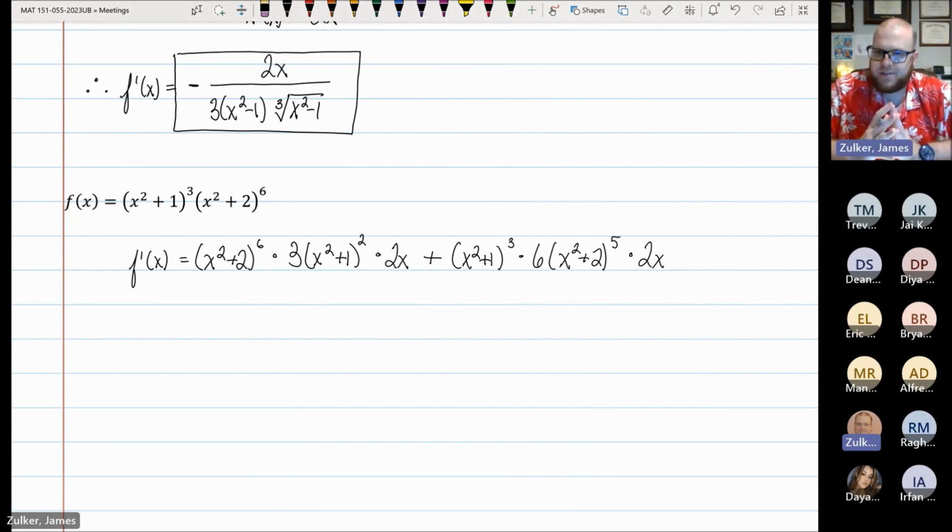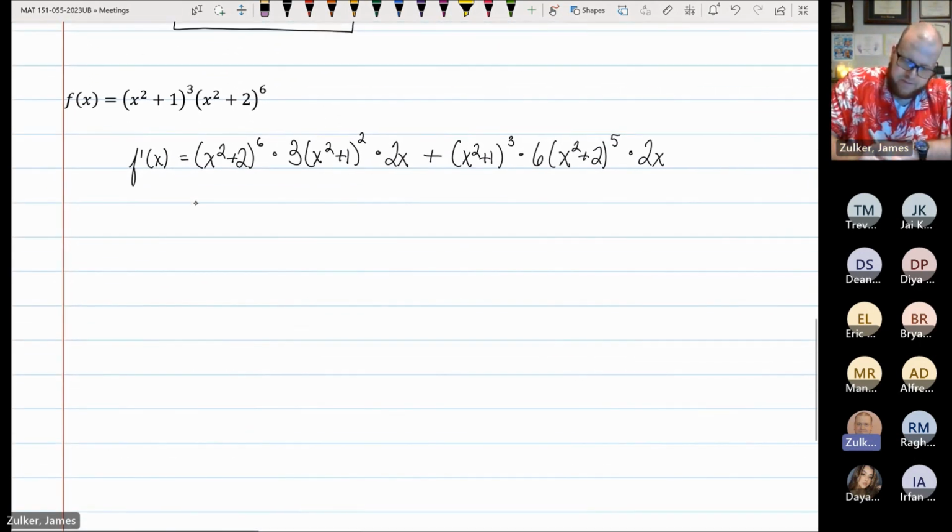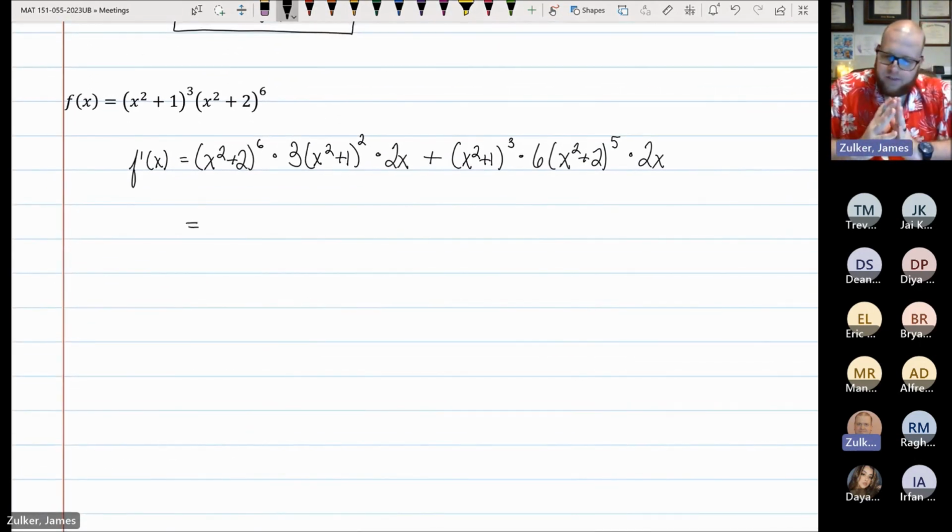And there's the calculus. Now we just have to do algebra. Factor out common terms.